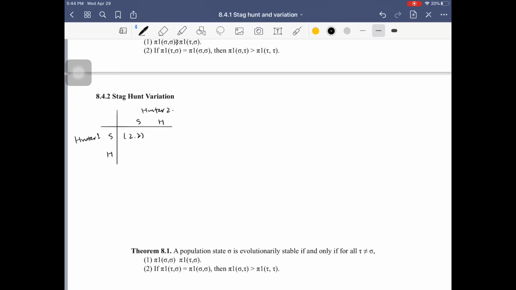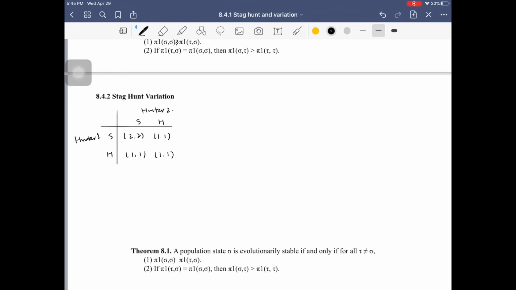But if they choose to hunt different animals, like one of them hunts the stag and the other hunts the hare, then they will get the same payoff but smaller, which is 1-1. And if both of them hunt the hare, they will get the same payoff, 1-1 as well.